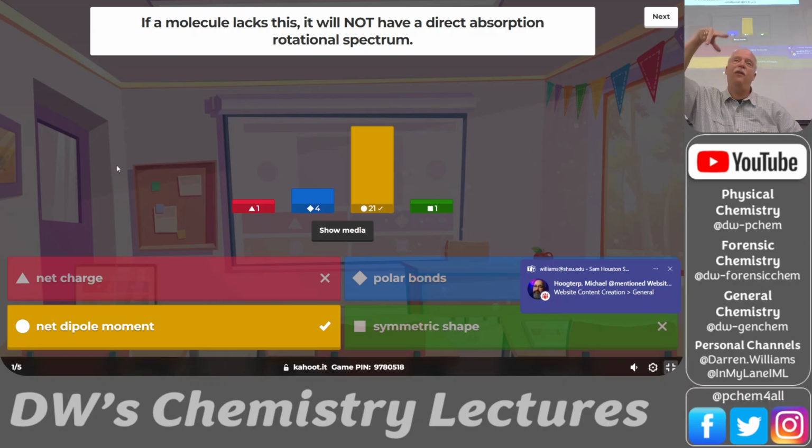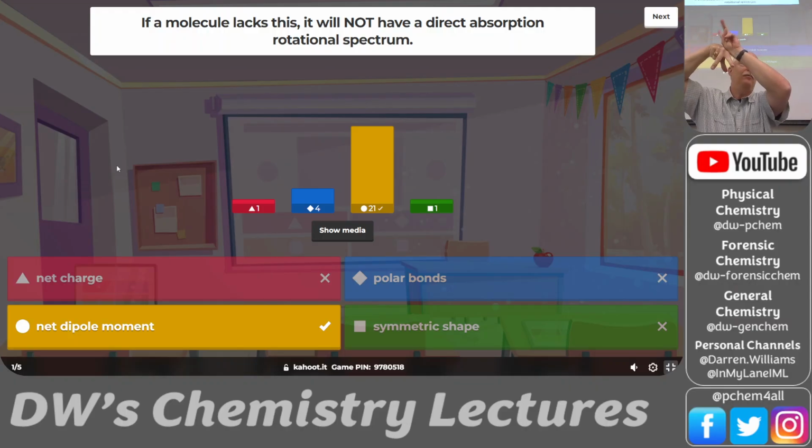If we take them away, what happens to the hydrogens? They're not repelled by that electron domain anymore, so they go planar. They want to get as far away as possible. So BH3 is trigonal planar. NH3 is a trigonal pyramid. So trigonal pyramid, net dipole moment. BH3, trigonal planar, no net dipole moment.